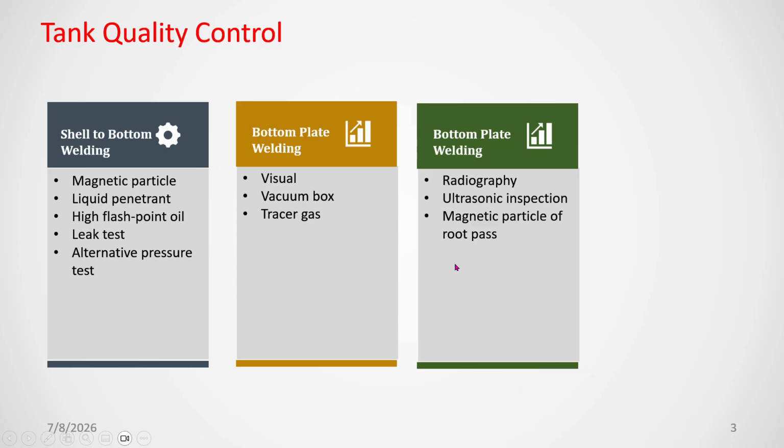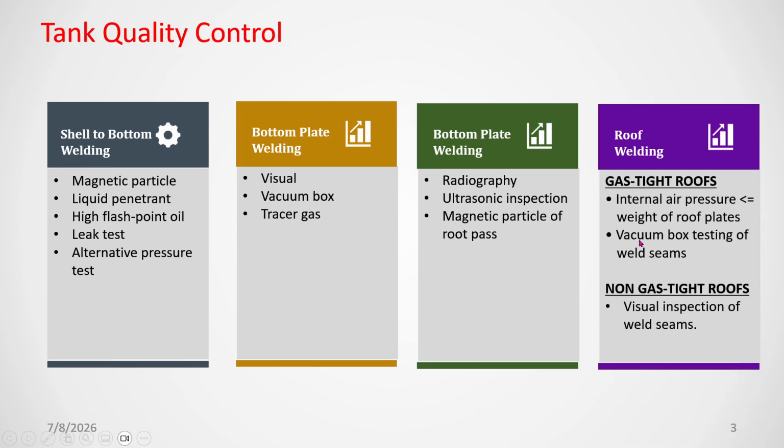And then your top roof: the internal pressure should be less than the roof plate weight, otherwise the roof plate will come out. Their testing is vacuum box testing of the weld seams. So these are the tests required for testing a tank.